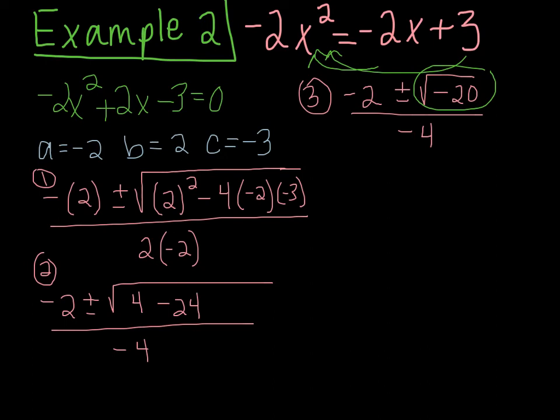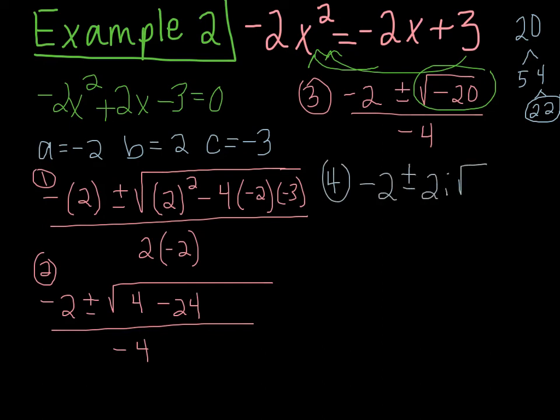So when we're simplifying this radical, we need to consider the i that we're going to use because we have a negative under the radical. When we simplify 20, we're going to have 5 and 4, 2 and 2, so we're going to have 2i radical 5. So step 4, we have negative 2 plus or minus 2i radical 5, all over negative 4.